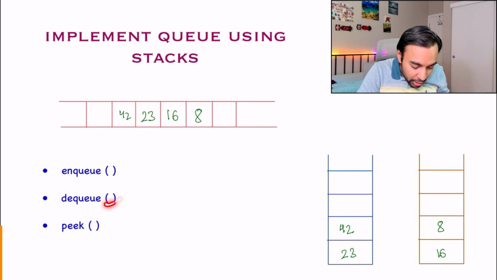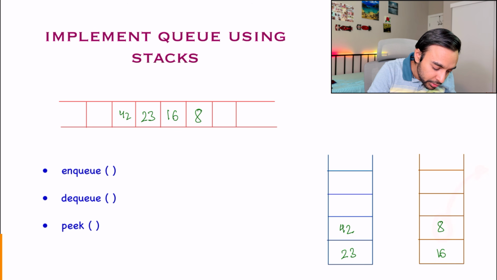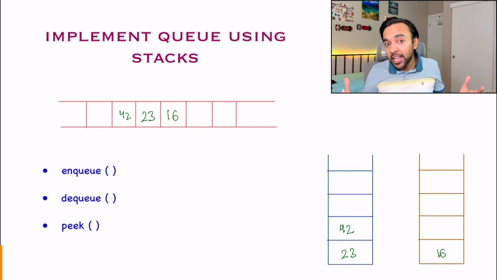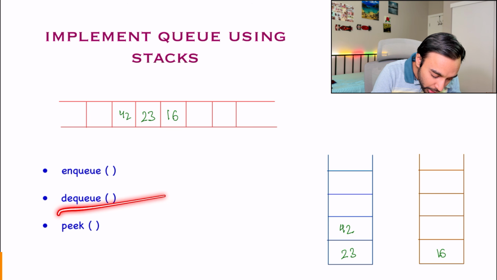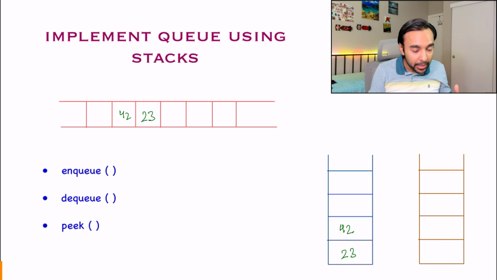If someone says DQ, look in your helper stack. If there are elements, return from it. So 8 gets out of your queue and 8 gets out of this particular stack as well. We are having a 1-to-1 operation, correct? If someone says DQ again, 16 will get out of the queue and 16 will get out of here. So we are having feature parity.